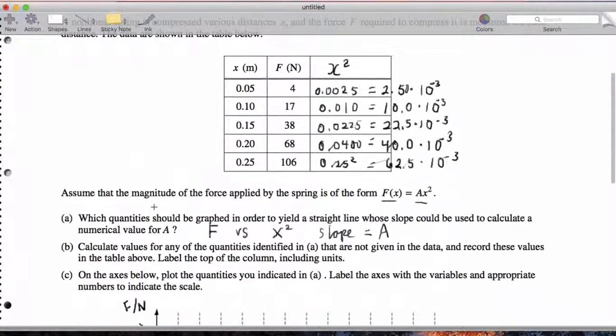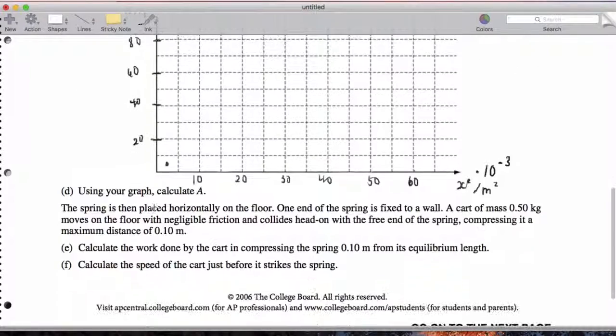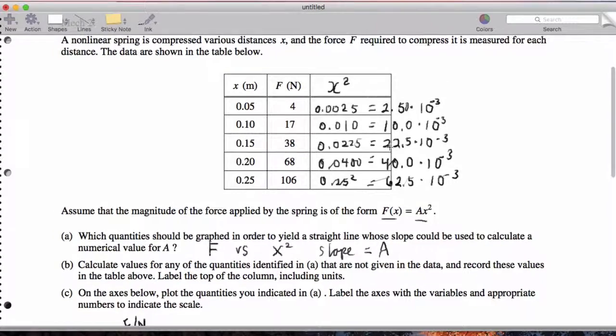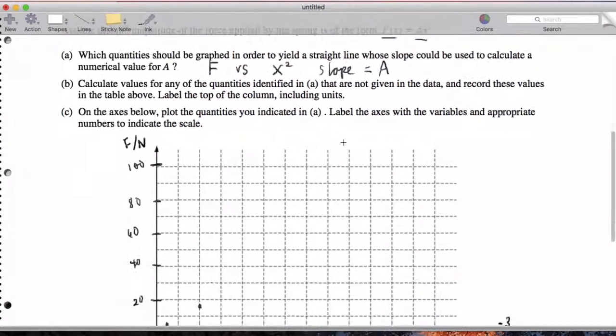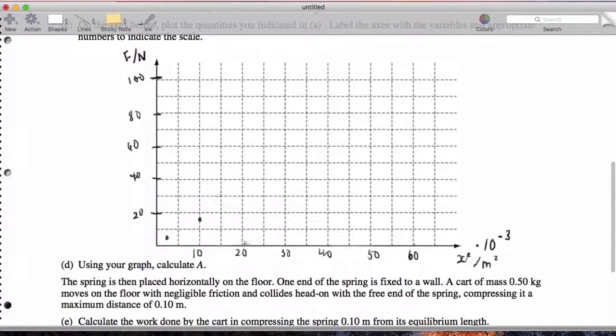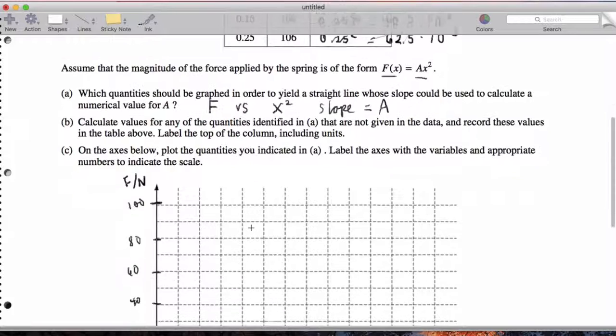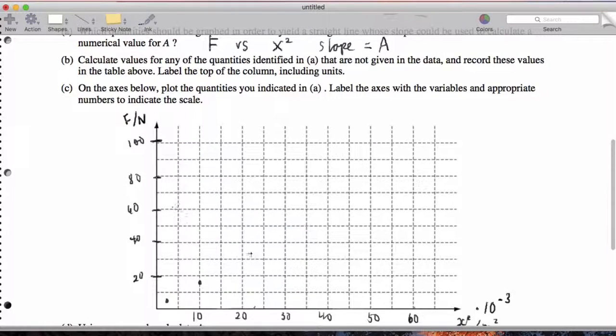At 10, my force is 17. So right about there. At 22.5, it looks like my force is about 38. So 22.5 and about 38 right there.